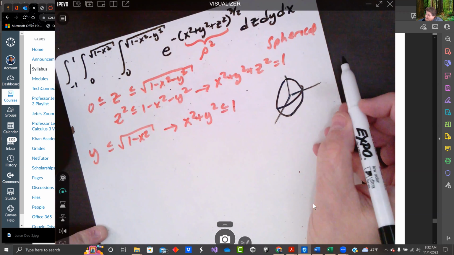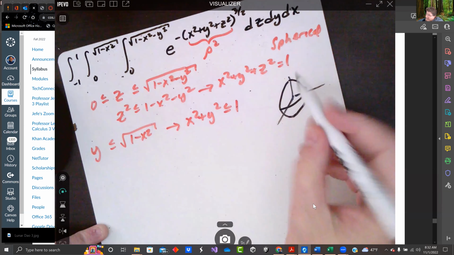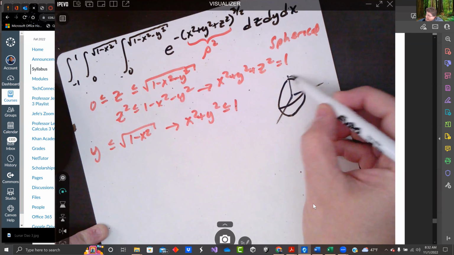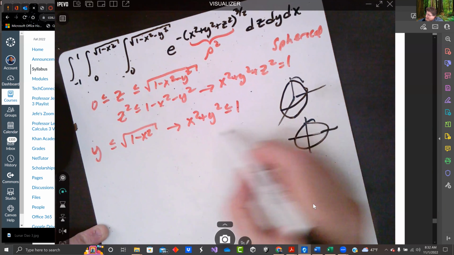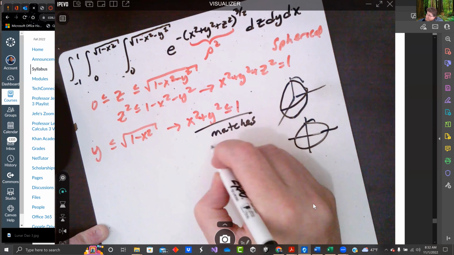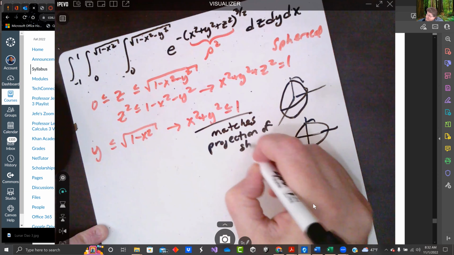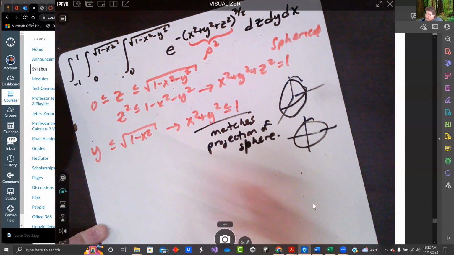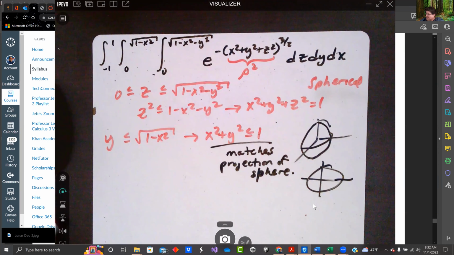If I projected the sphere onto the XY plane, I would have x squared plus y squared equals 1. So this matches the projection of the sphere. And -1 to 1 for x also matches the sphere.